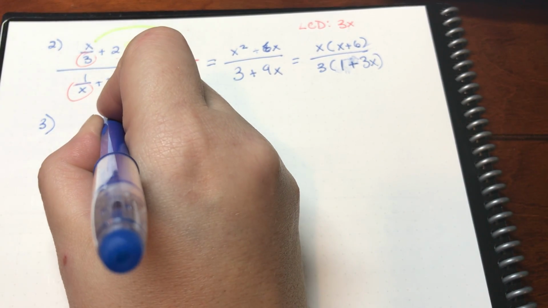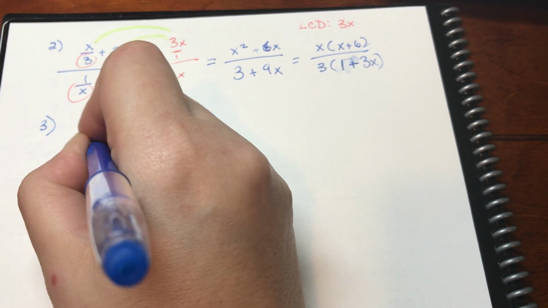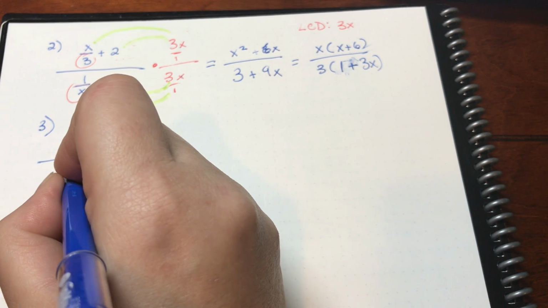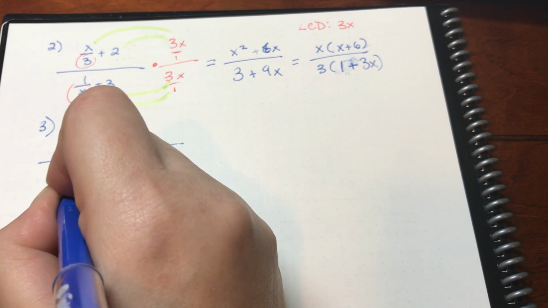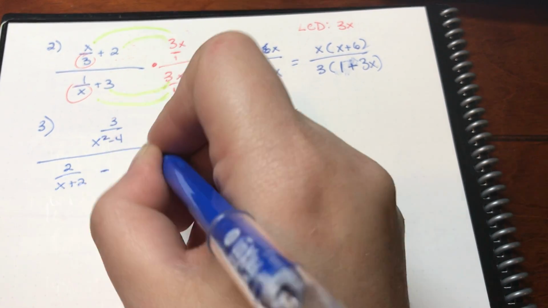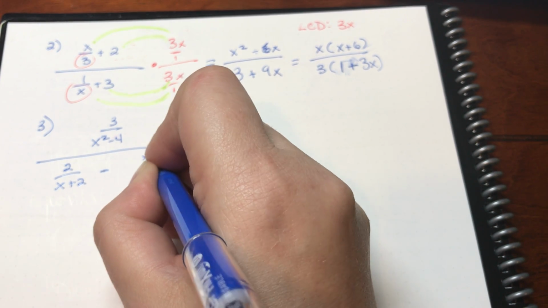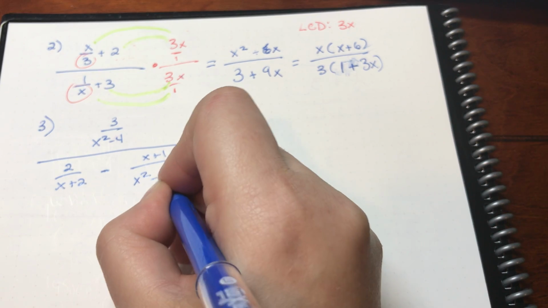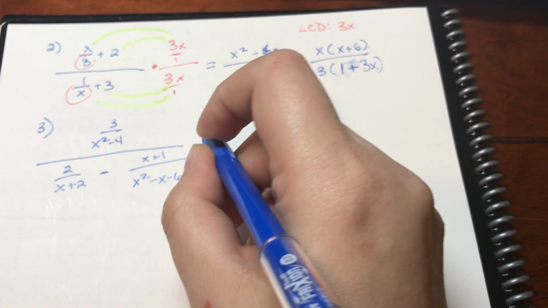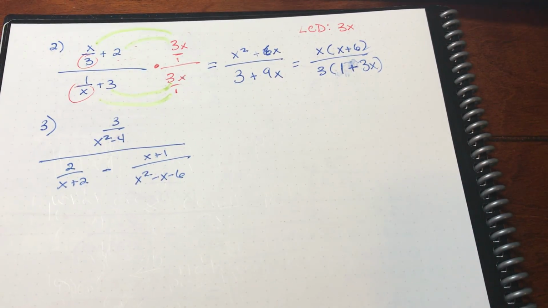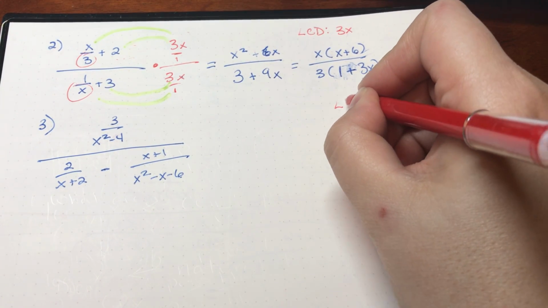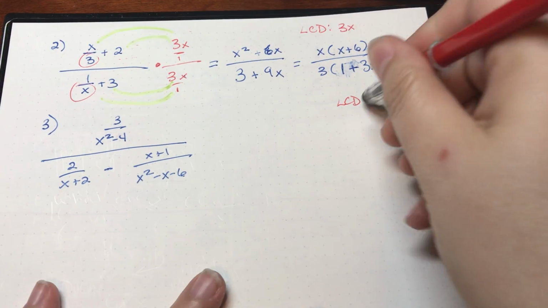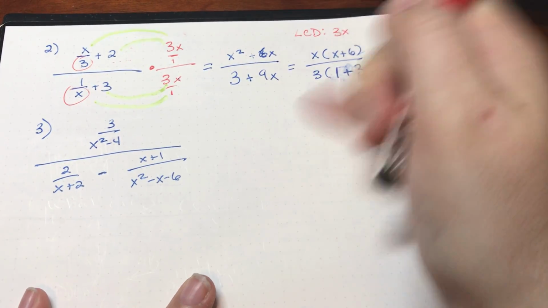Okay, this is 3 over x squared minus 4, all divided by 2 over x plus 2 minus x plus 1 over x squared minus x minus 6. So this time, my LCD, I didn't give myself enough room for that one.